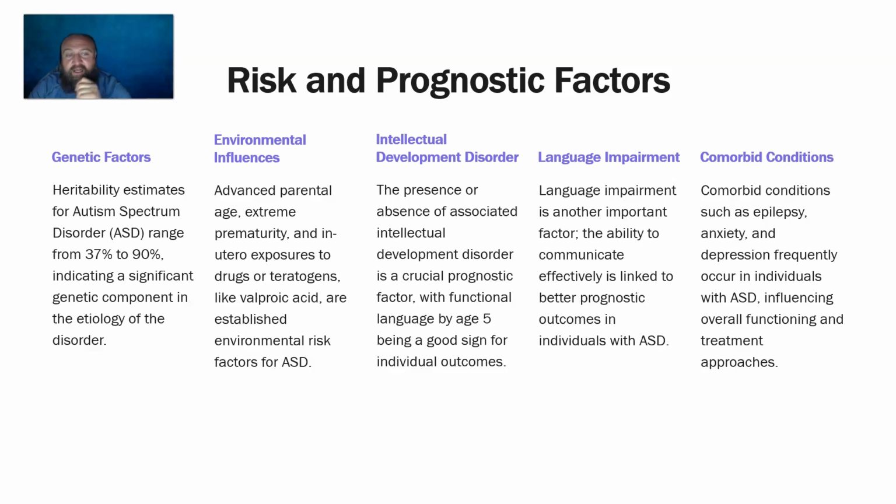Language impairment. Language impairment is another important factor. The ability to communicate effectively is linked to better prognostic outcomes in individuals with ASD. Basically, the earlier we're able to get a child communicating, the better their outcomes are when they have ASD. And there is a very real reason for this: remember the big social impacts that ASD has.